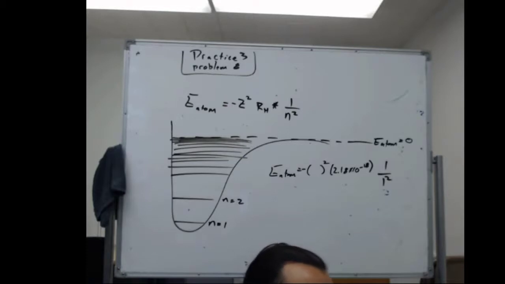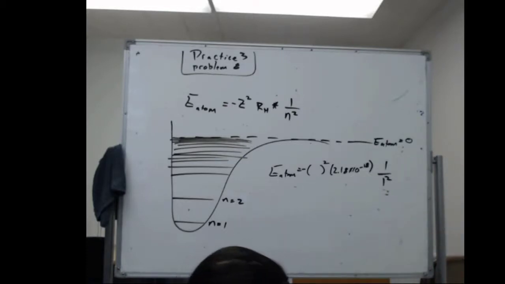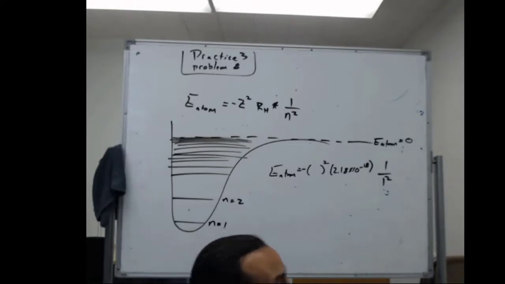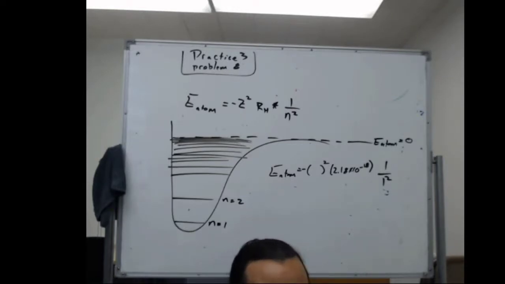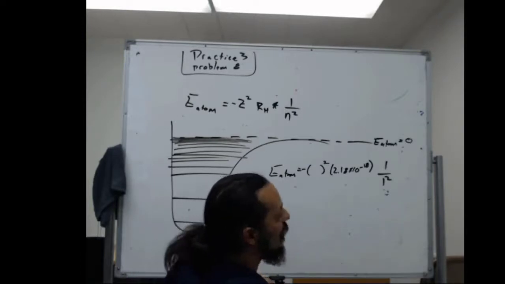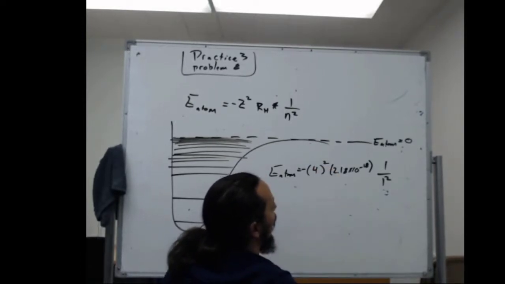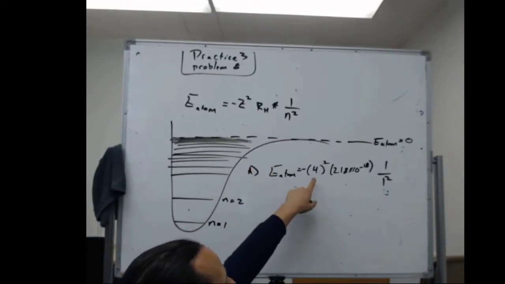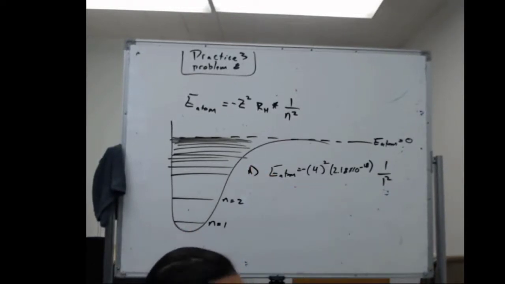Mine is beryllium, Be. Again, equation sheet handy. I look at the periodic table. Beryllium has 4 protons. Z, if you remember from week 1, is the number of protons. So for part A, I'm going to have 16 times 2.18, and that's going to be my answer.